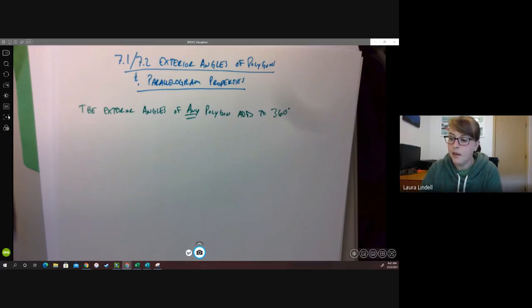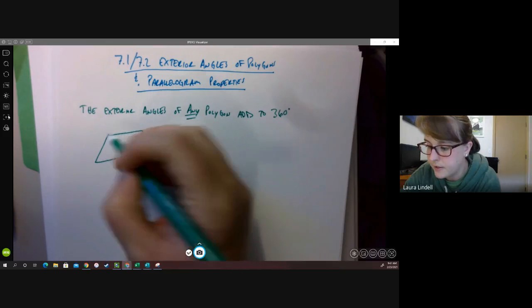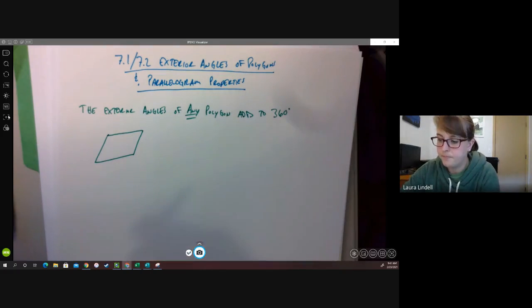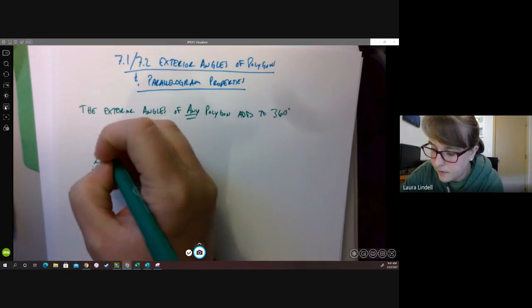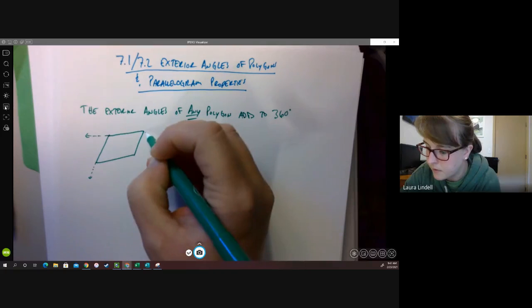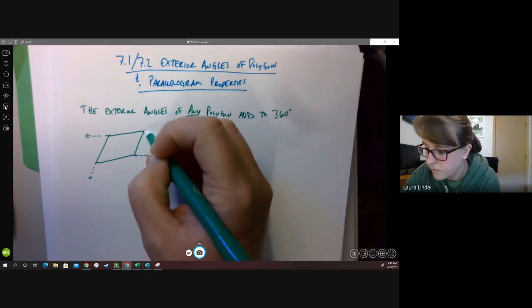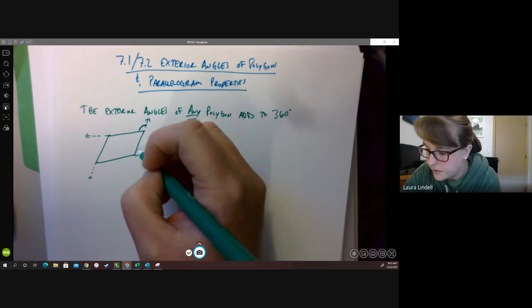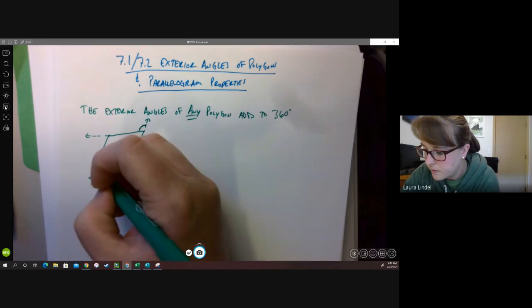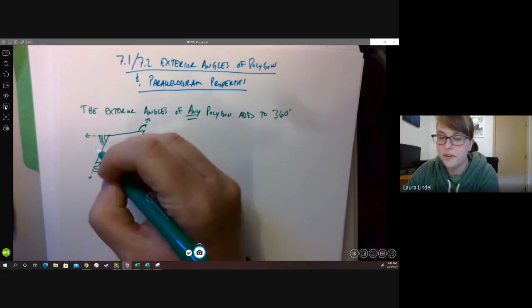And remember, a refresher on what an exterior angle is. Exterior angles are if you were to extend the sides. We've got exterior angles, all those ones on the outside.